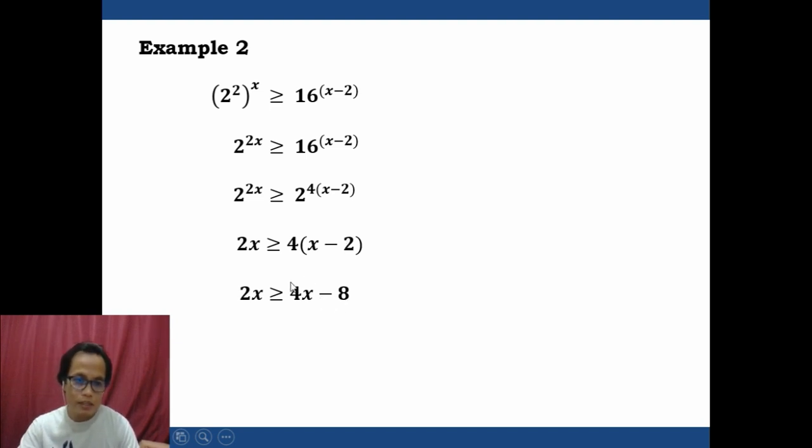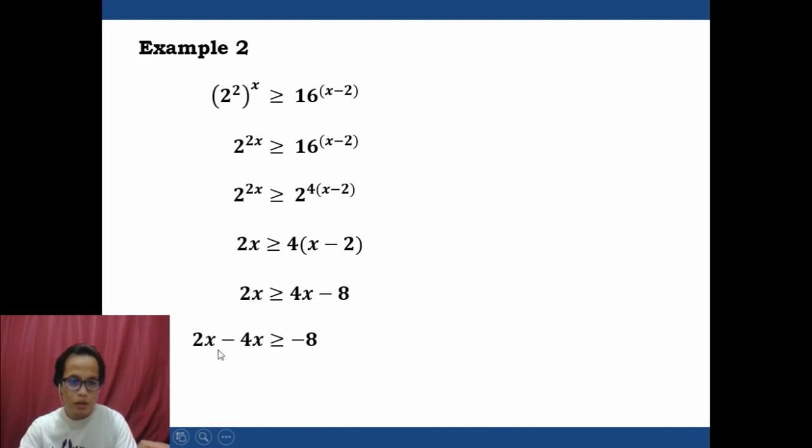Then solve for x. Naa tay 4x, naa tay 4x diri, positive. So mag-subtraction property ta diri, sad sa pikas mag-subtraction property. So mahitabo kay copy ang 2x. So nag-subtraction property man ta, makancel ni ang 4x dira, then nag-subtraction property sa diri. Okay? So 2x minus 4x is greater than or equal to negative 8.